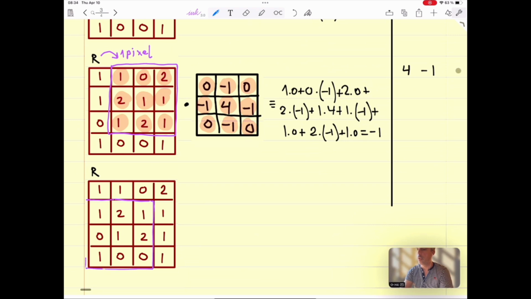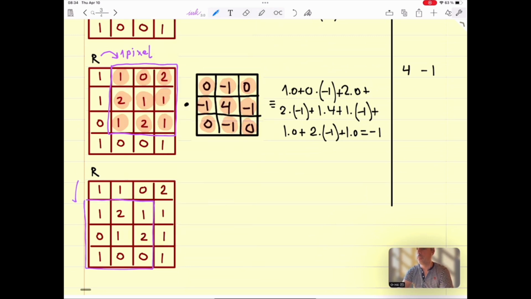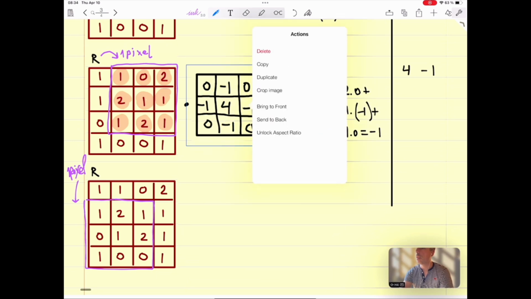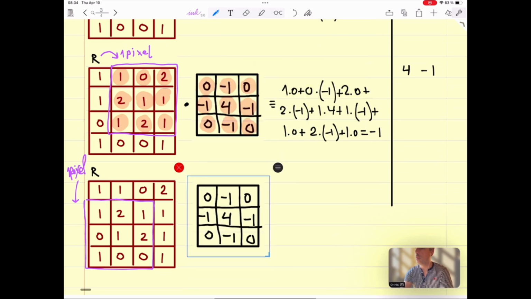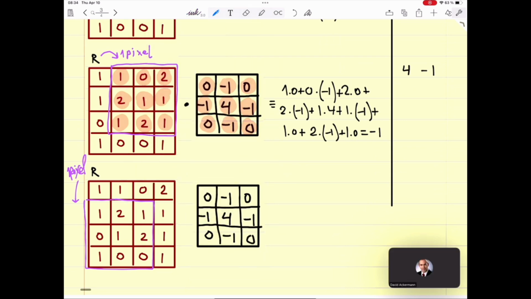This window has the size of the kernel. We move it one pixel down, and to the left. And here we do the same. No problem.